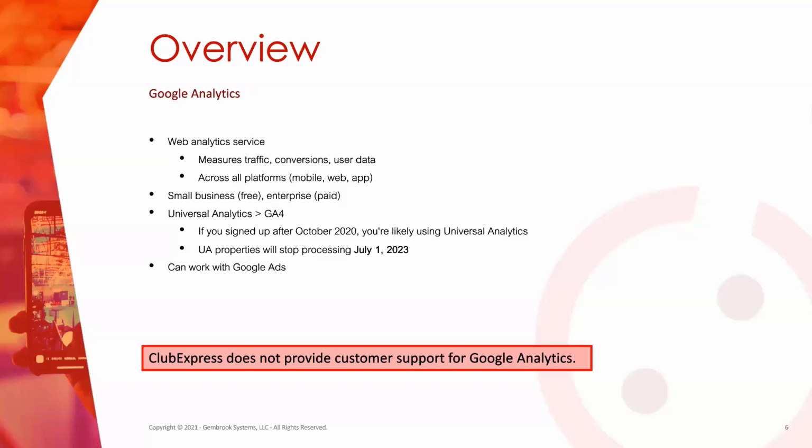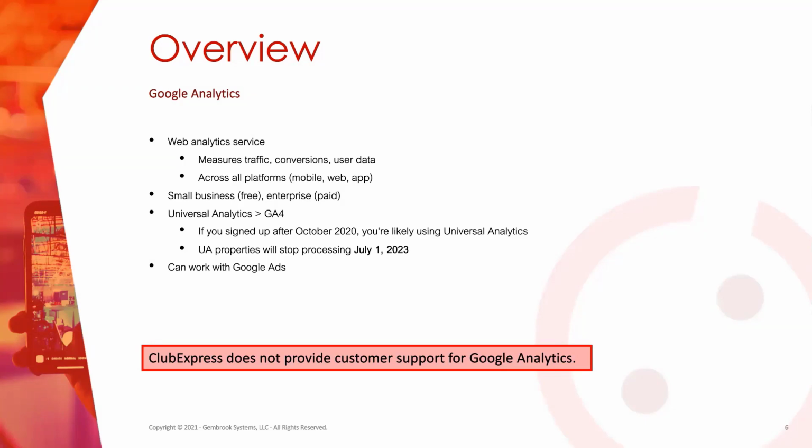So after July 1st, 2023, Google Analytics will stop processing data from Universal Analytics, which means that if you've previously gone through the steps of setting up the dimensions that we require for you to connect your ClubExpress website with your Google Analytics account, you're going to need to go through that process and make that migration over to Google Analytics 4, which is the new version.